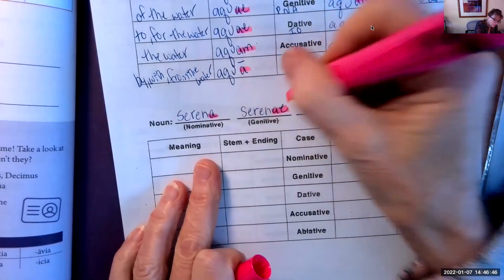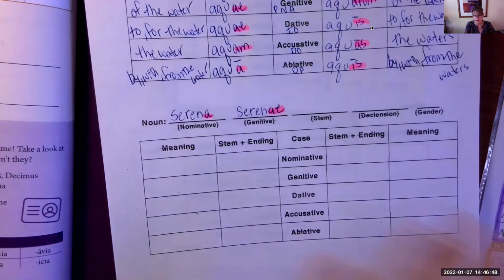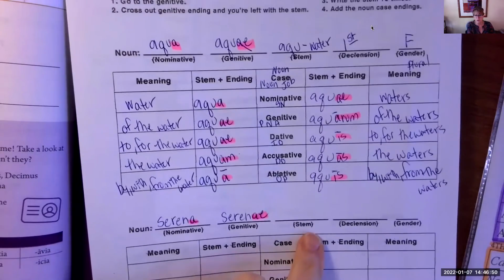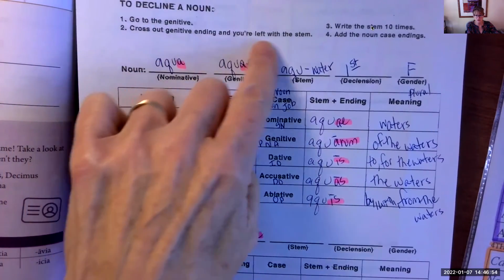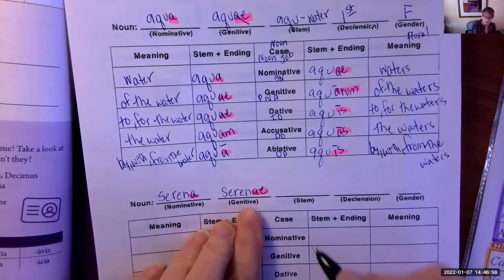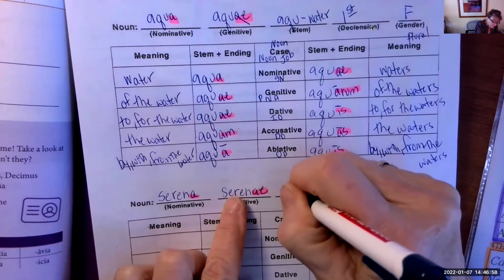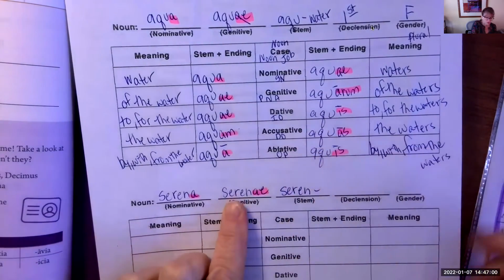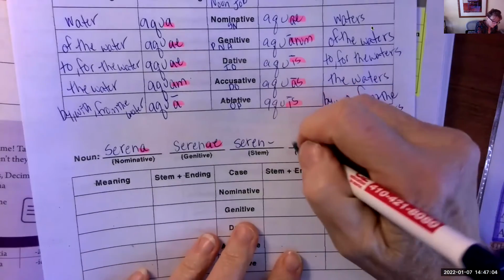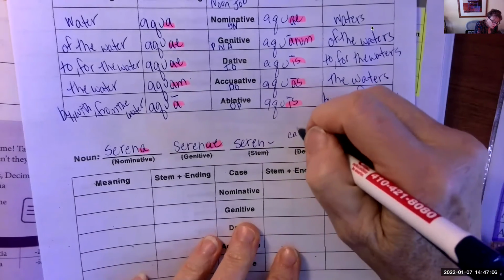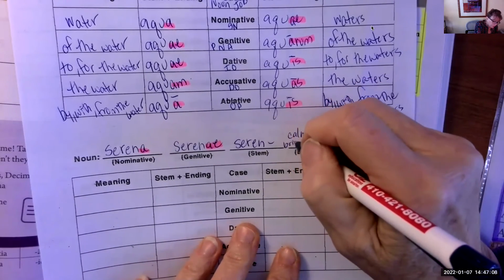I'm going to highlight my endings. And how do you find your stem? You go to the genitive, you cross out the genitive ending and you're left with the stem. So it's S-E-R-E-N. And what does S-E-R-E-N mean? It means calm or bright or clear.